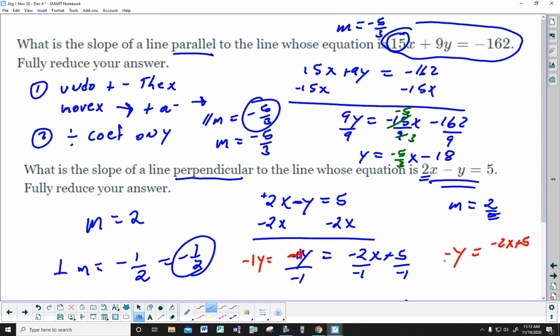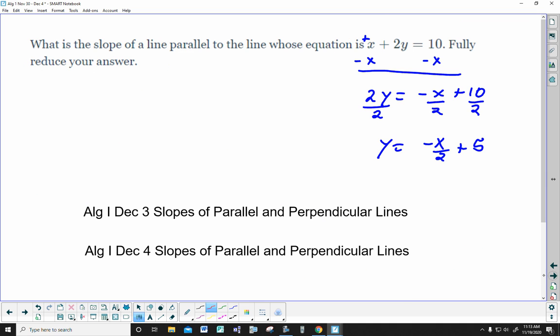Remember, that's a negative 1 that's there. So here, that's a negative 1. Your slope is not this. Slope does not have an x with it. Your slope is negative 1/2. So if it said, give me the slope that's parallel, well, this slope is negative 1/2, so the parallel slope is also going to be negative 1/2. Parallel lines have the same slope.